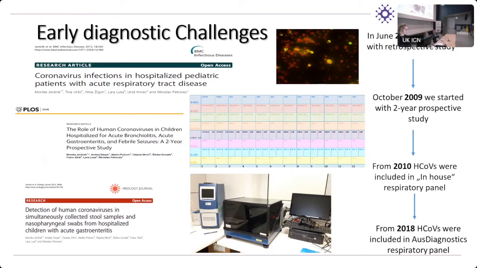We also included a lot of other respiratory viruses, as you can see here in this scheme. From 2018, we began to switch our diagnostic from in-house to the IVD method, a diagnostic respiratory panel.